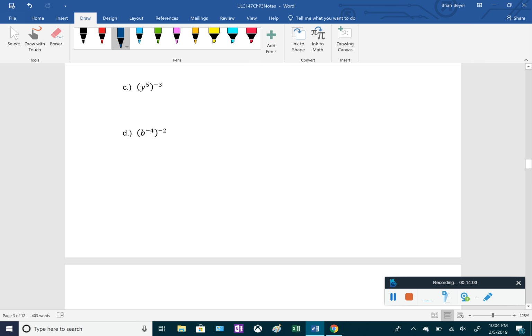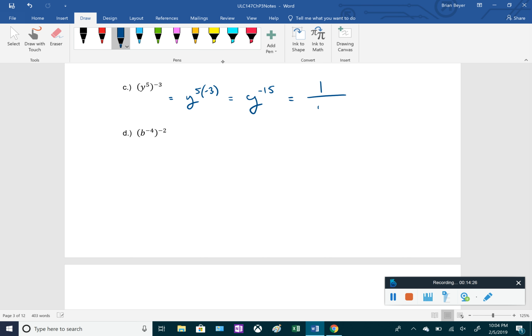Next one, y to the 5th to the negative 3. So we have to multiply. So y to the 5 times negative 3, which is y to the negative 15. And I'm going to go one step further and use that rule from the previous page.